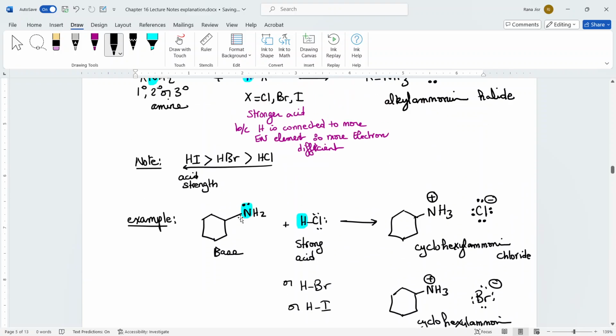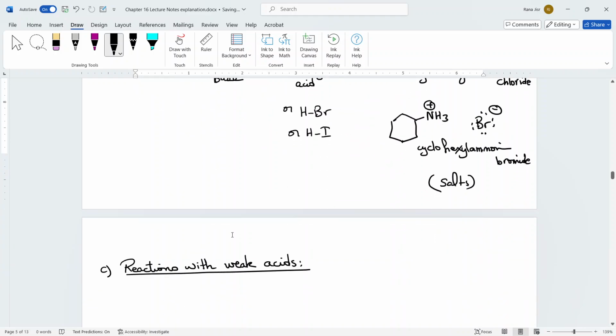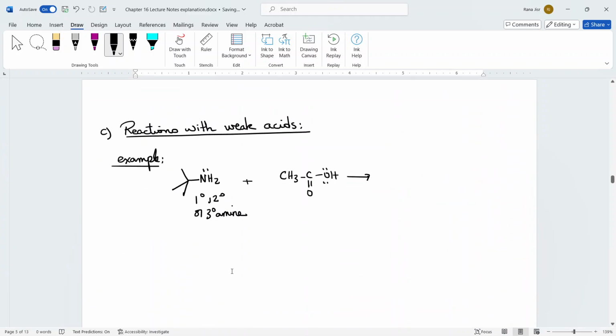So far we've considered the reaction of amines with water, which is a weak acid, with HCl or HX, which is a strong acid, and with another weak acid in here. The other weak acid is acetic acid. We've talked about this acid before, and acetic acid is a CH3 connected to the carbonyl and an OH.